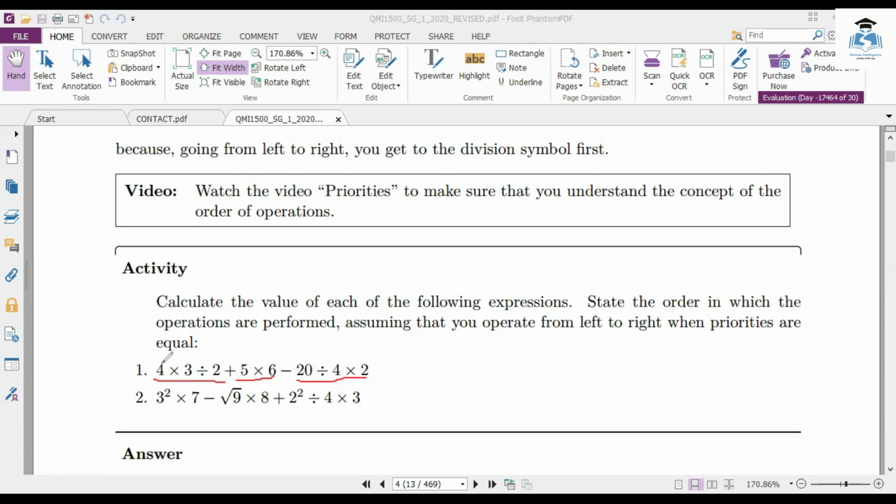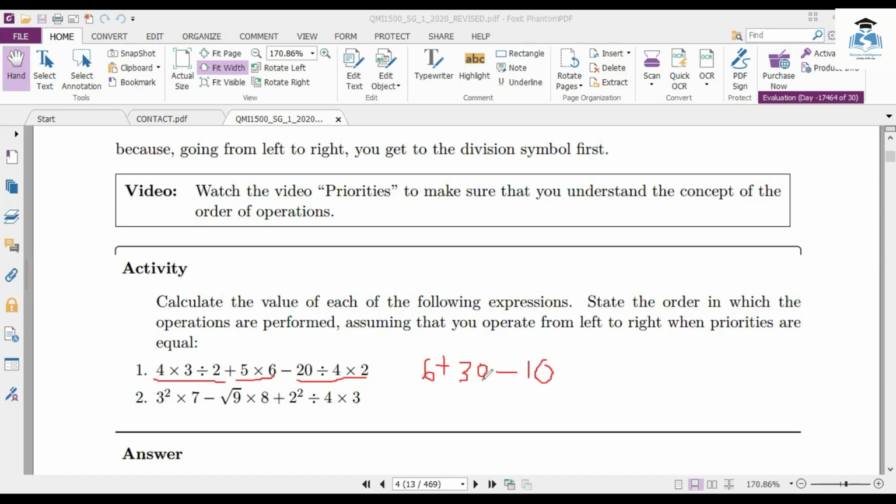Okay, so first we start with 4 times 3, we get 12. Then we divide that 12 by 2, we get 6. So we then say 6 plus, then here 5 times 6, that's 30, minus, then we've got 20 divided by 4, which is 5, then 5 times 2, which is 10.